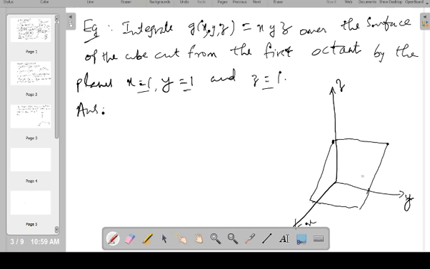Oh no, this is a very bad figure. This is the origin, this is side A, this is side B, this is side C, this is side D, this is side E, that means in the YZ plane, and one more side you have.